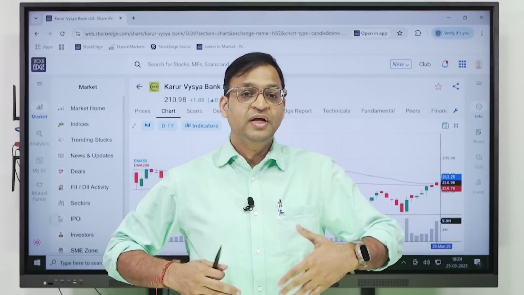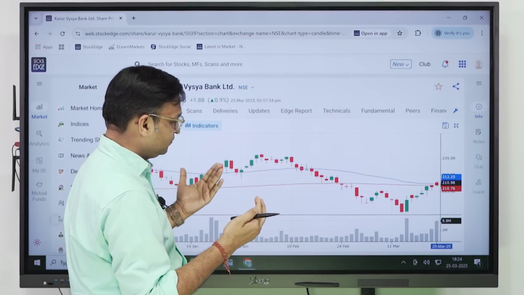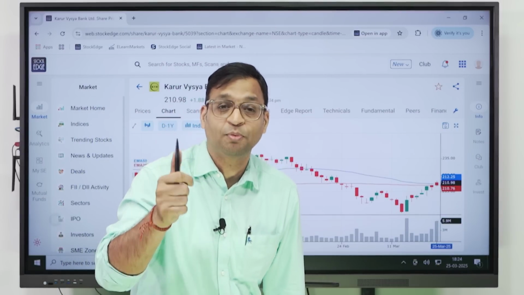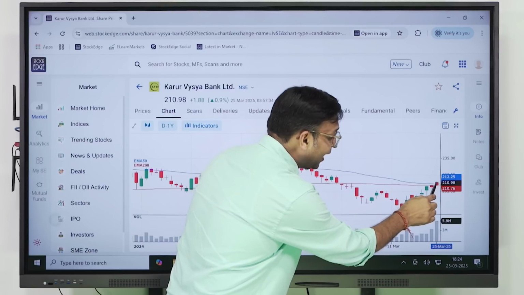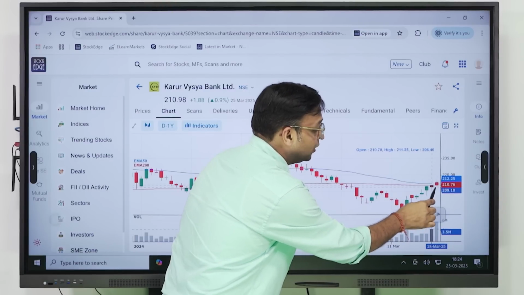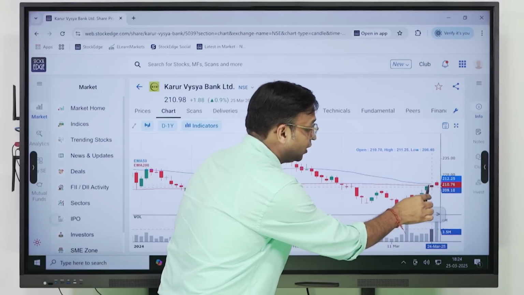How do you deal with this kind of situation? Do you trade? You could trade, but with a stop loss. The moment we are saying trading, it has to be supported by a stop loss. So we may enter here, but we should have a strict stop loss. It could be one candle below this entry candle, the low of that candle.